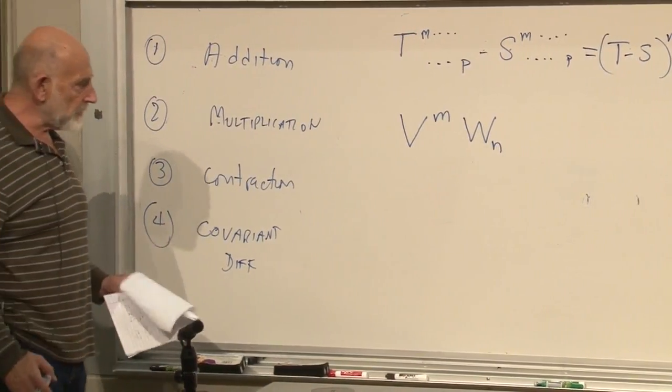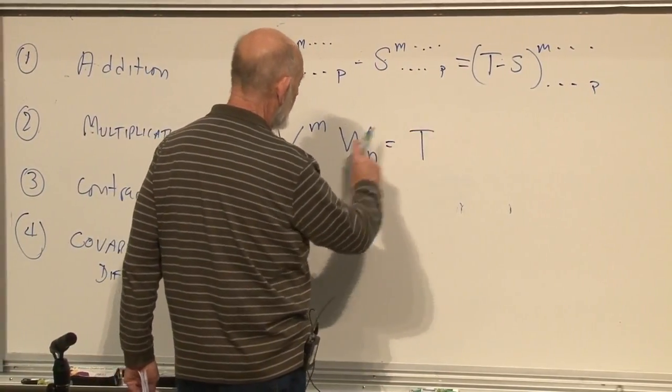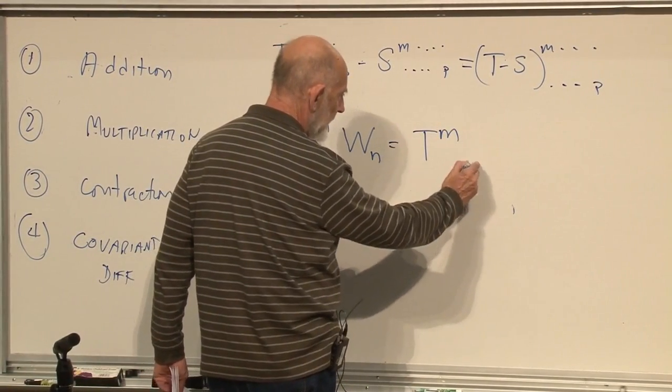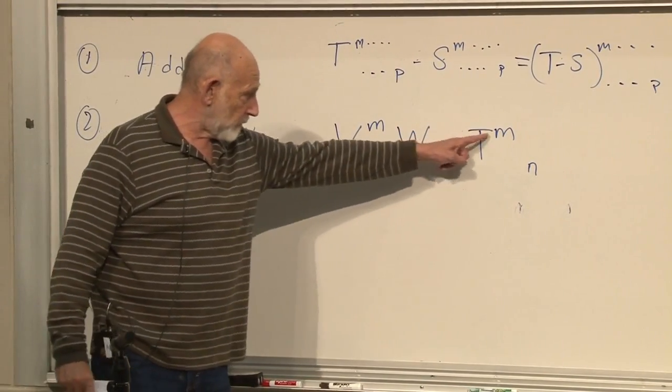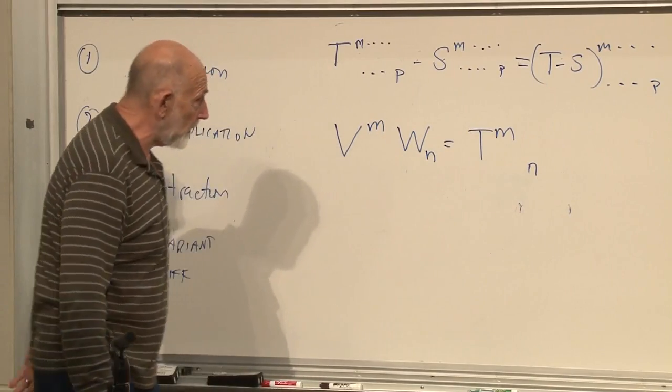This is a tensor with one upstairs index m and one downstairs index n. You have to remember which one is which. Do not cross them: if this is m, this one is m; if this one is n, that one's n, and so forth.